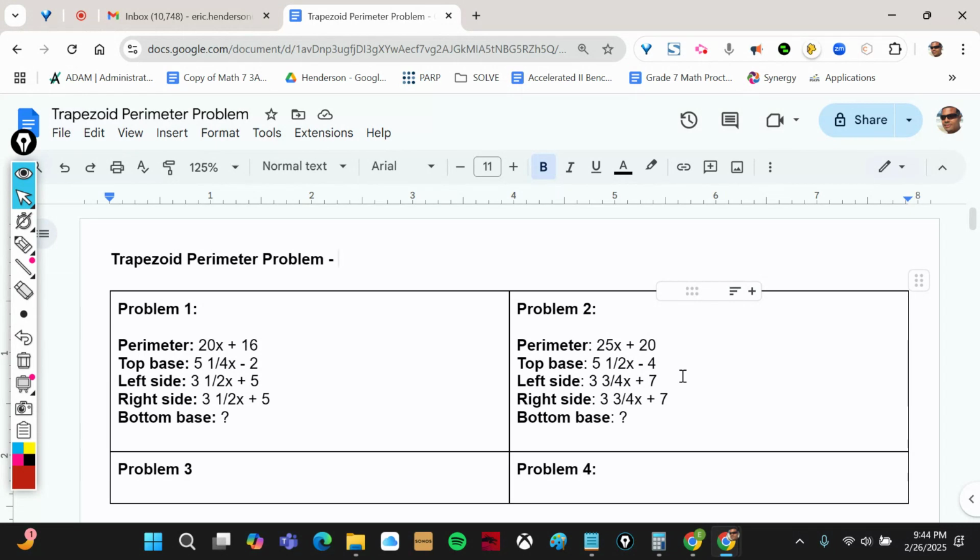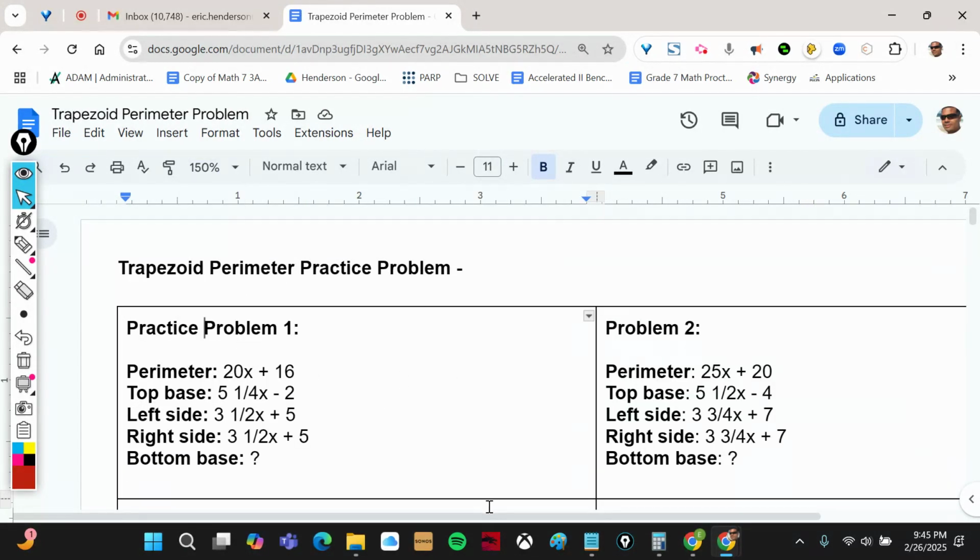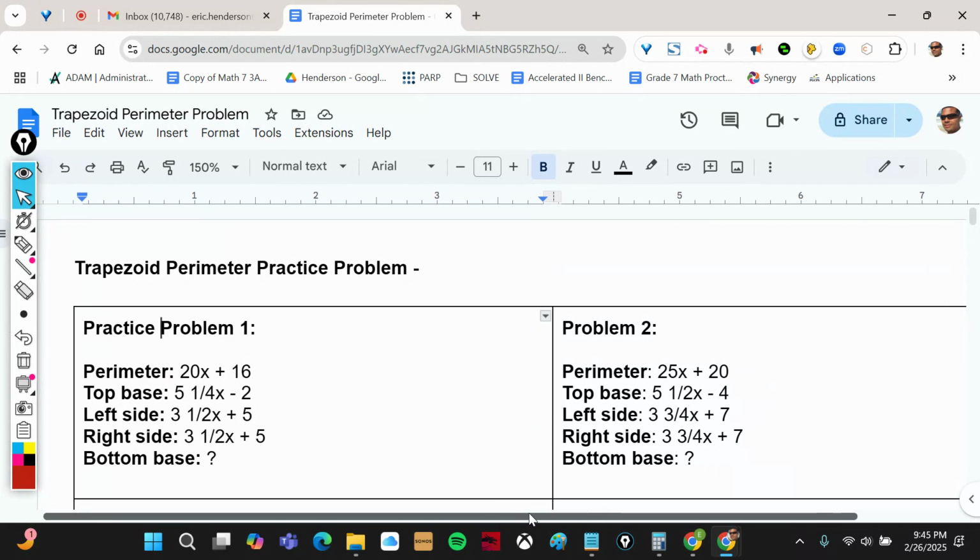All right, so I have some practice problems here. All right, practice problems. We got some practice problems. Probably want to make sure that you get these numbers right.